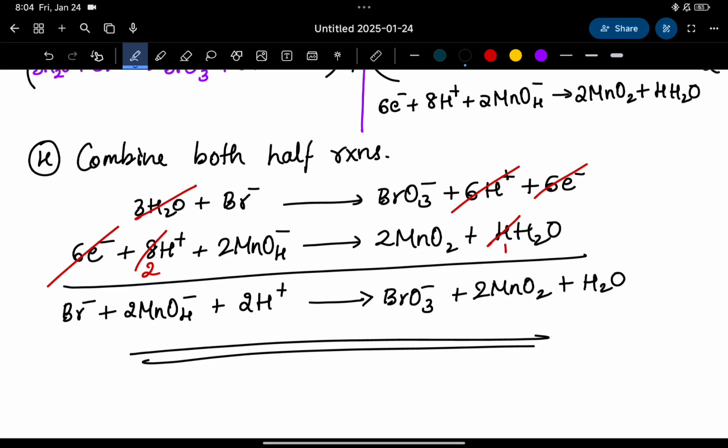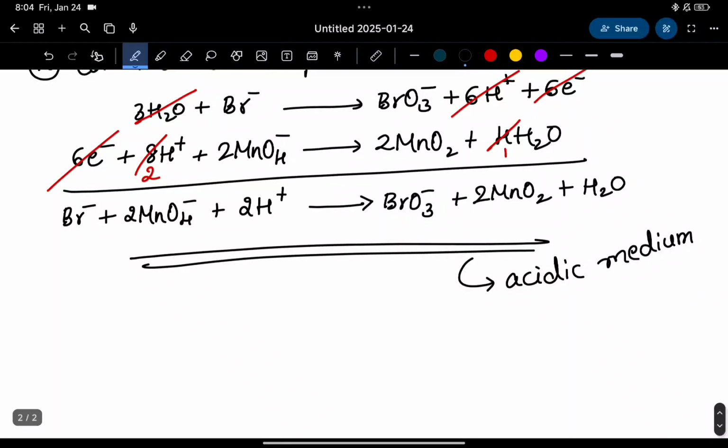Alright. So this reaction is balanced in acidic medium. If this question is asked in basic medium, you just have to add one more step. You count the number of H+ and then add the same number of OH- on both the sides. It is the same step which we studied in the oxidation number method.